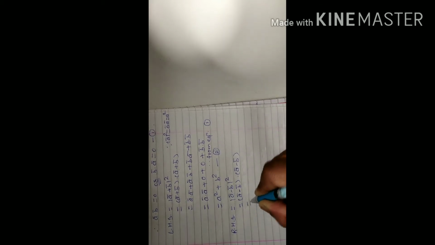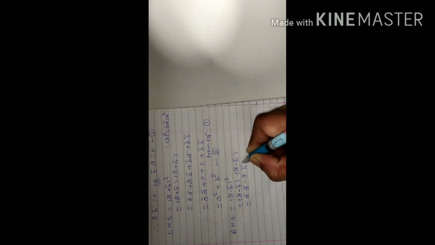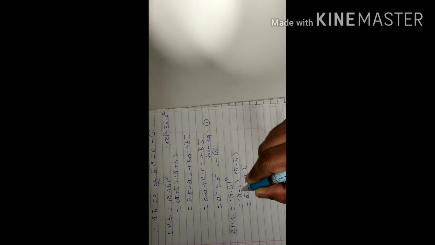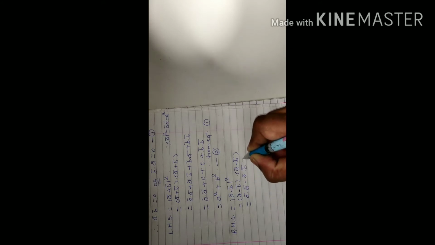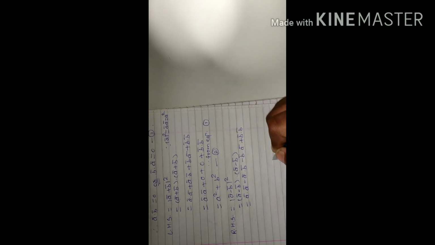We multiply and we get a bar dot a bar, minus a bar dot b bar, minus b bar dot a bar, then minus minus plus b bar dot b bar.